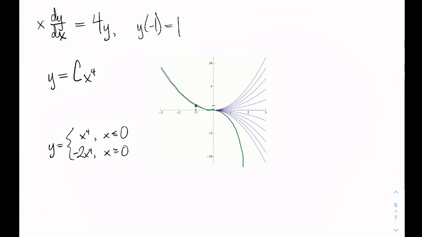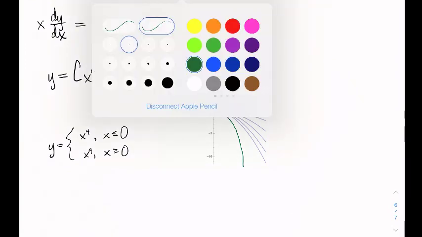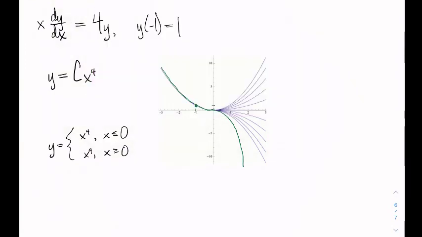So what's going on here? Because I could have easily changed this and had this be, say, 1/2, in which case it would have continued on here like this. So this is a situation where we have non-uniqueness. There are multiple solutions.